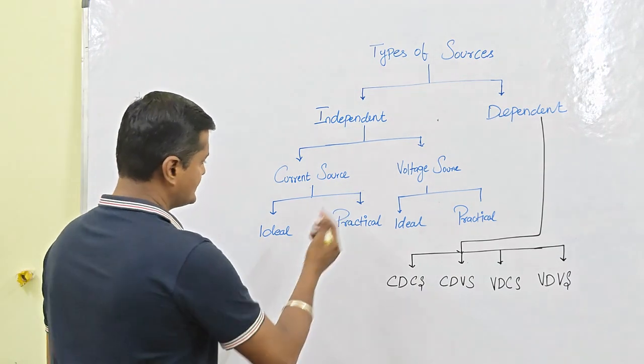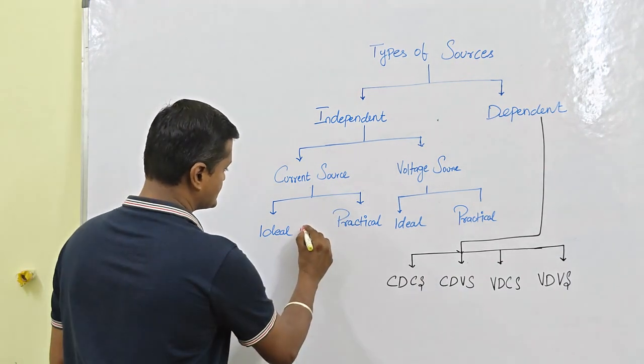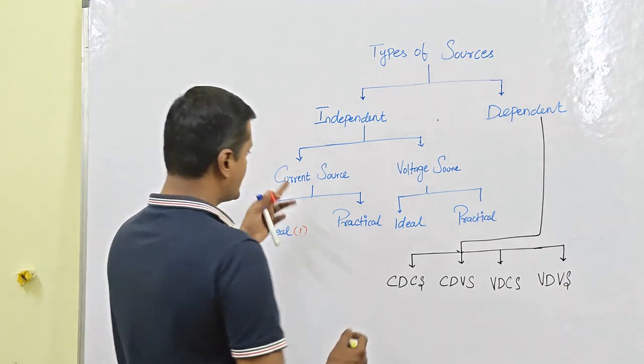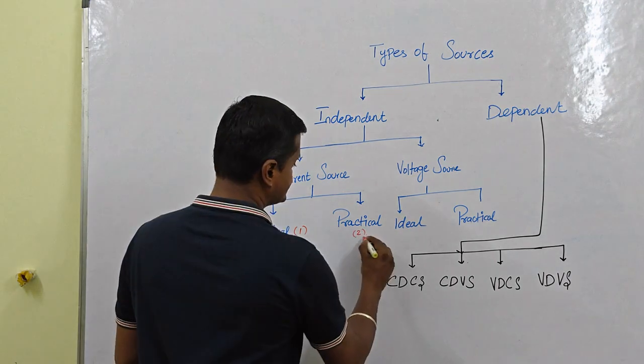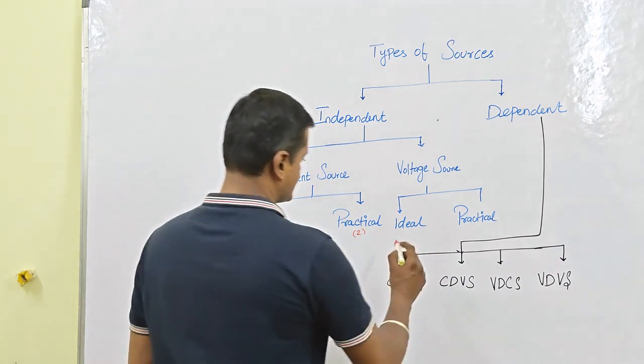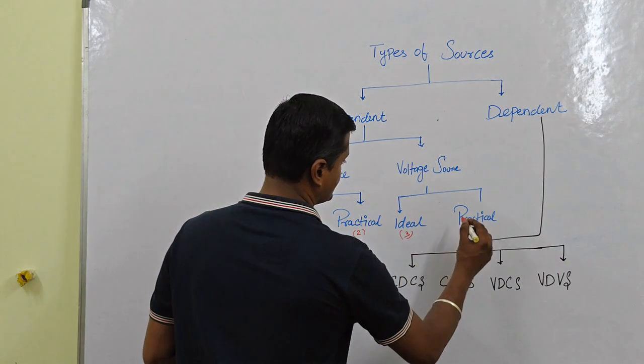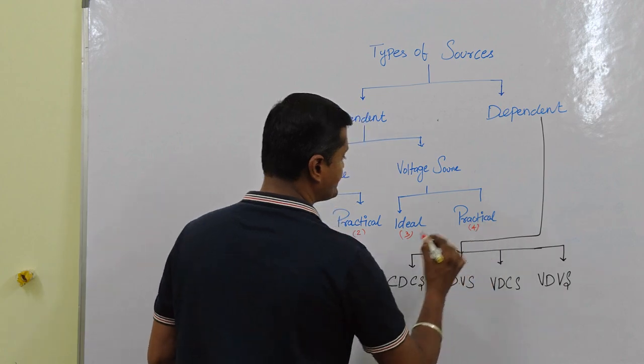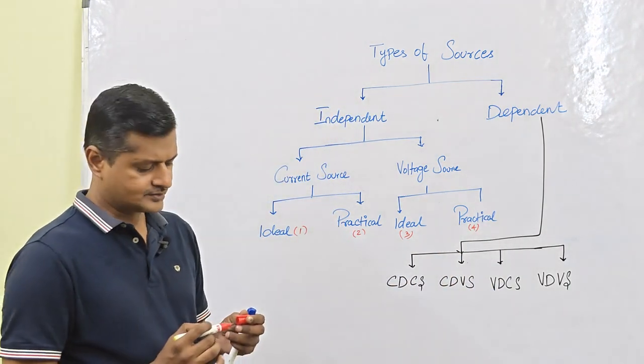First we can take numbering. Ideal current source we name as 1 and practical current source as 2, ideal voltage source as 3 and practical voltage source as 4.